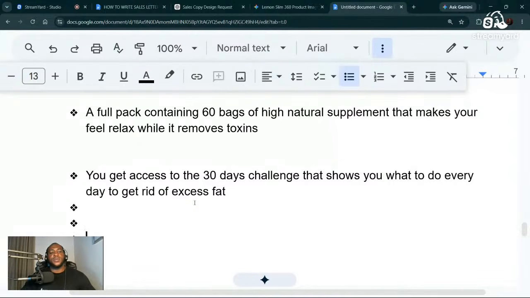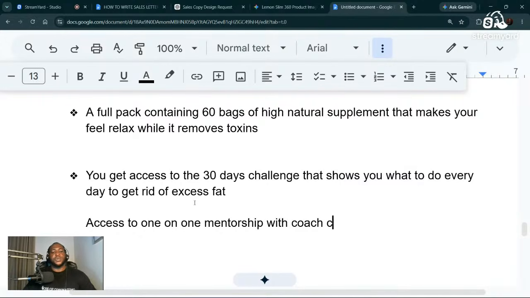Number 3, you also get access to one-on-one mentorship with coach Chinedu, who will be your personal accountability coach.